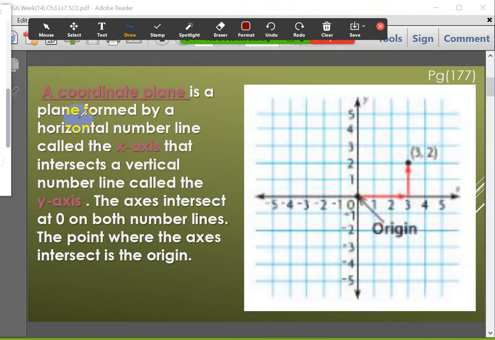A coordinate plane is a plane formed by a horizontal number line called the x-axis that intersects a vertical number line called the y-axis. What does that mean?